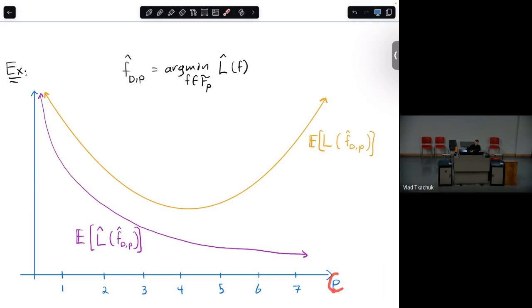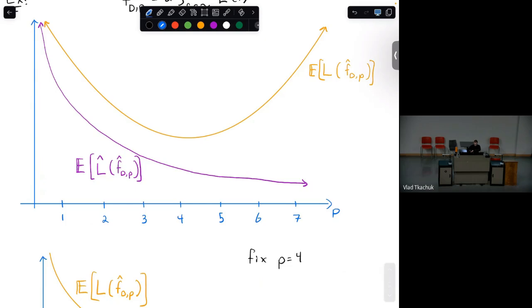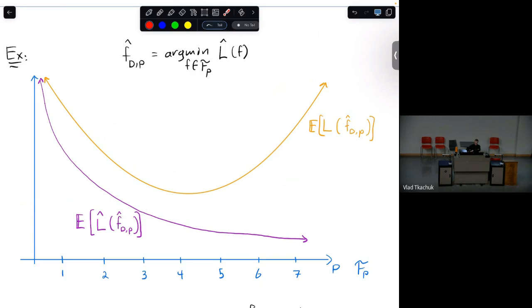And so here we see the trade-off we talked about above. So P describes the complexity of our function class. If we increase P, recall that this is related to this function class F_P, so the degree of the polynomials is bigger. So what do we see? What we see is clearly as P gets larger, then this line gets farther and farther apart.